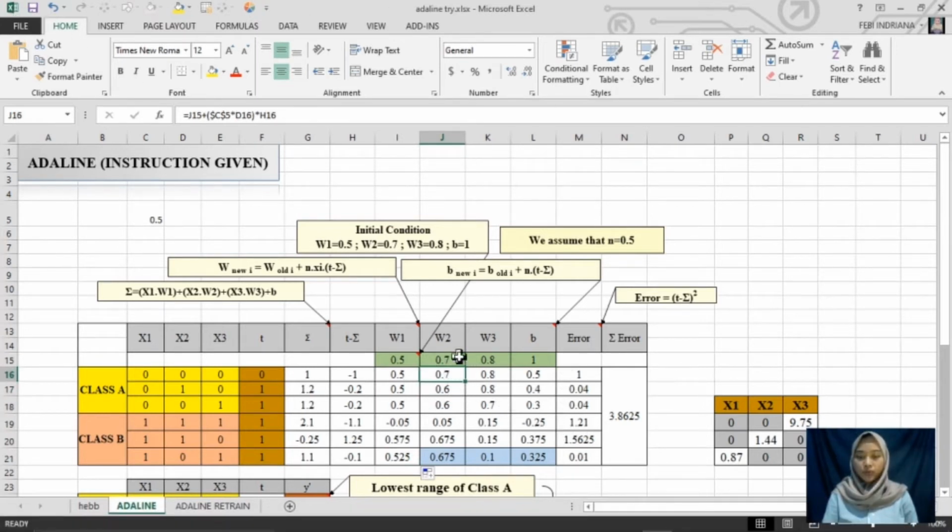For W2, we can use this formula: W old plus n times x2 times the t minus sum.